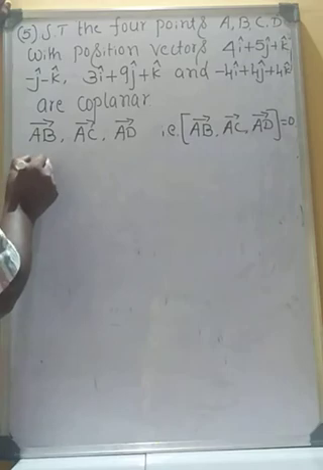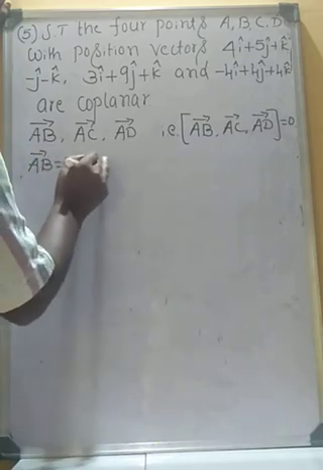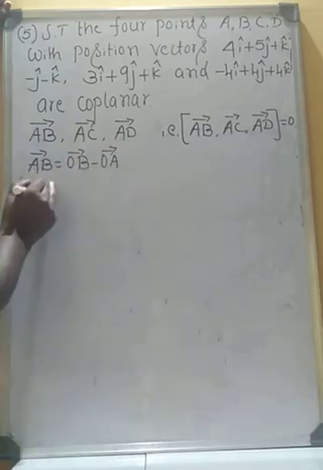First find AB vector, OB vector minus OA vector.